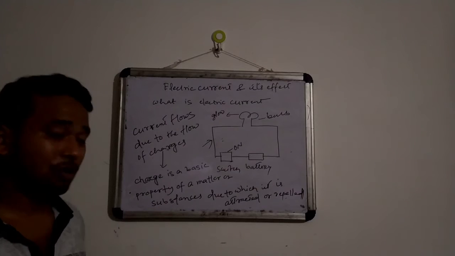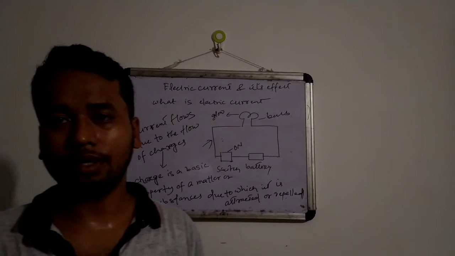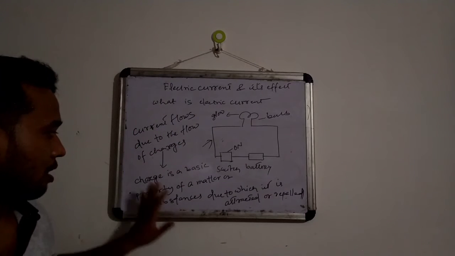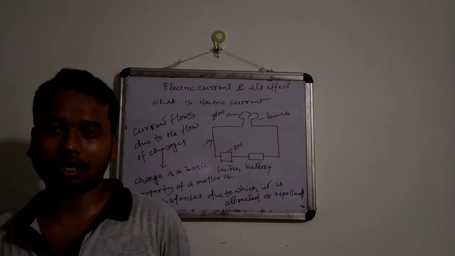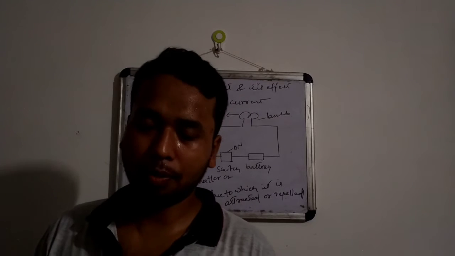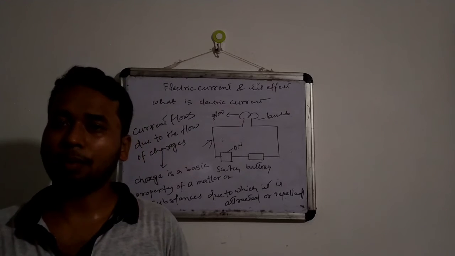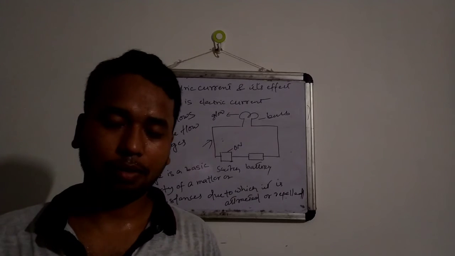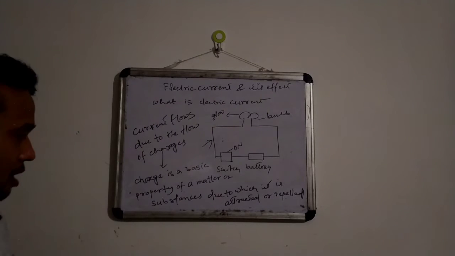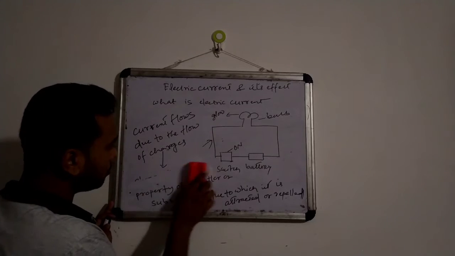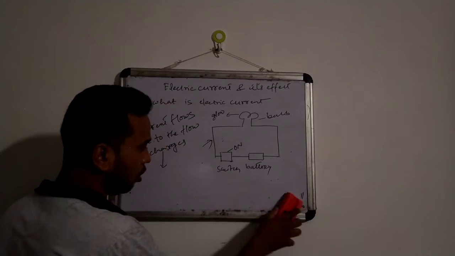About charge you will know better in higher classes, but for class 7 you just remember that charge is a basic property due to which an object is attracted or repelled. Just like a magnet can attract an iron piece, a positively charged object can attract a negatively charged object.